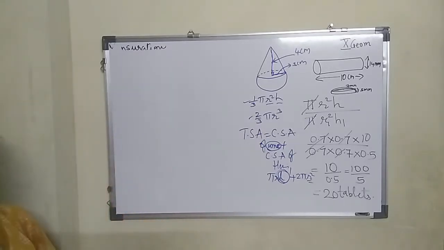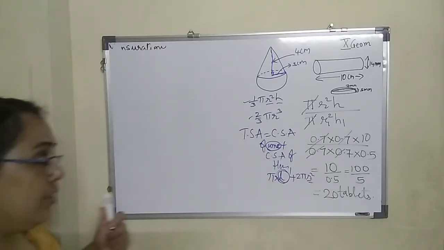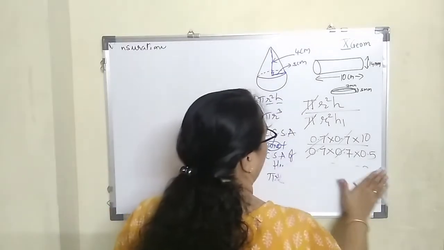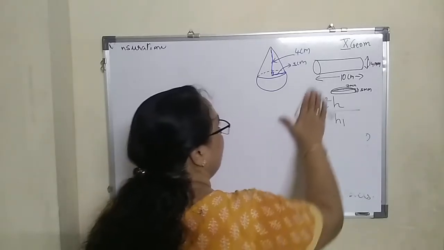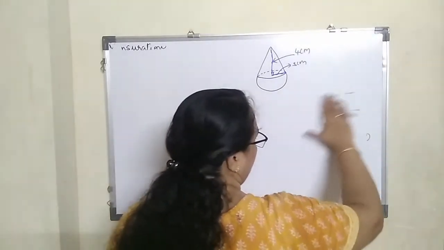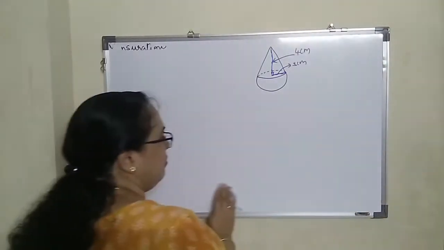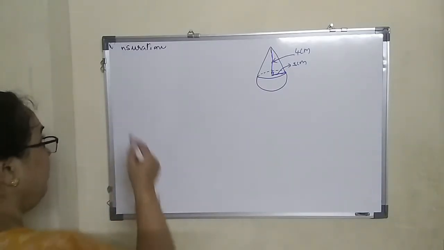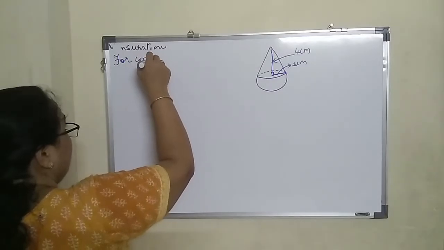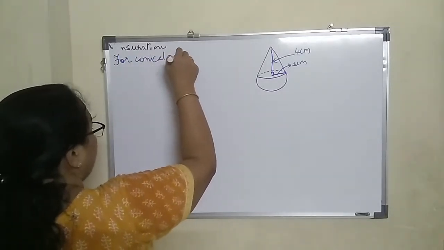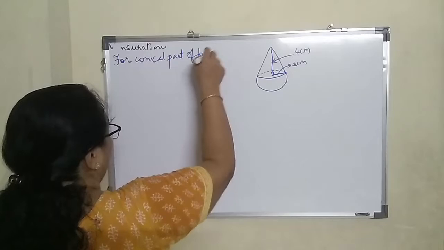Is that very clear? So when we start the sum, you have to think a lot and analyze the sum first so that you can go further. So how do we start the sum now? Yes, very correct. First and foremost, we write for the conical part, then for the hemispherical part. Yes, start writing. Now you know how to write, right? For the conical part of the toy, what all we have?